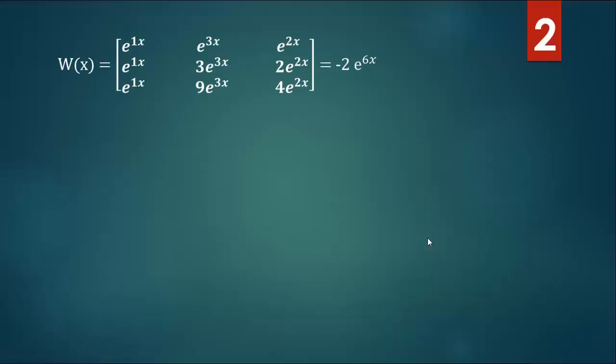The Wronskian of the bases e to the power of x, e to the power of 3x, and e to the power of 2x has the value negative 2 times e to the power of 6x.